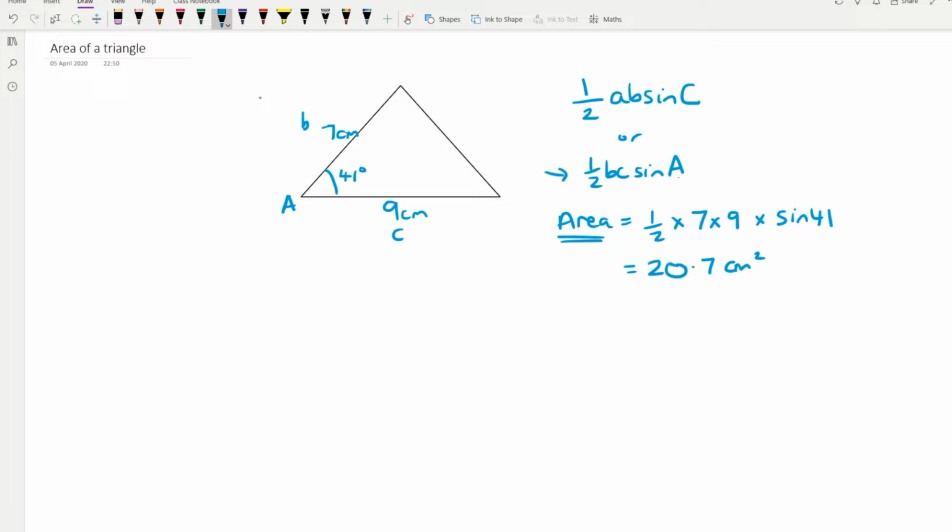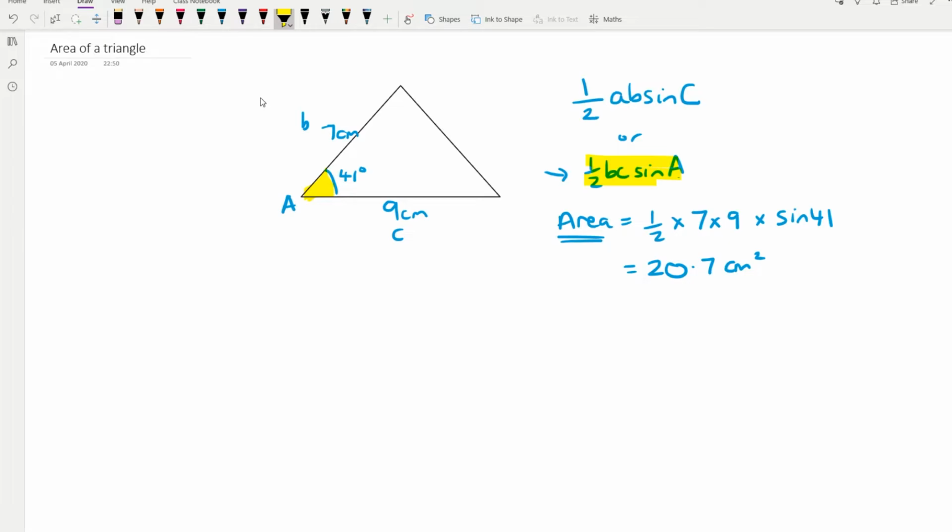This will work whatever the triangle is you're given, as long as the angle you've got is the included angle and not just a random angle. That is a skill that you need to practice. I'm only going to do one example because you can watch it again if you're confused about it.